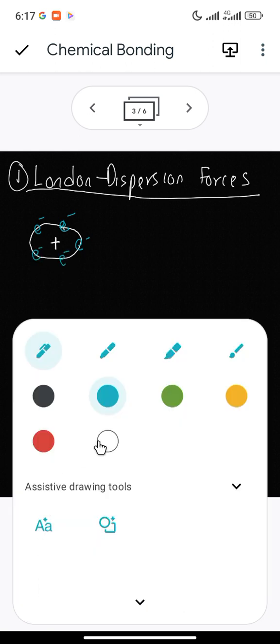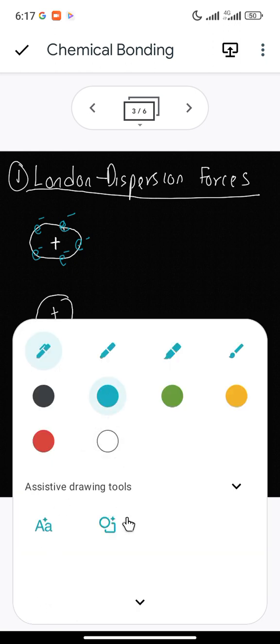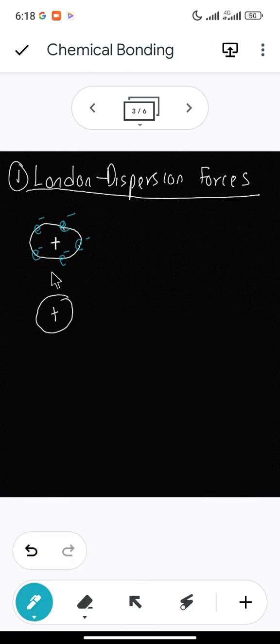Due to the random movements of these electrons, sometimes they are distributed unevenly, such that some can be packed most to the left and few to the right. So let's say due to the random movement, most of them are packed to the left, and just one is here.